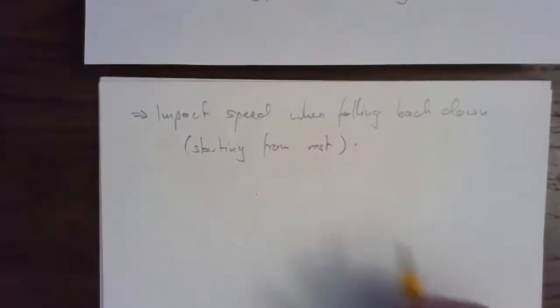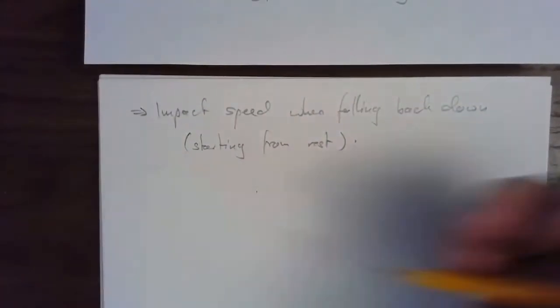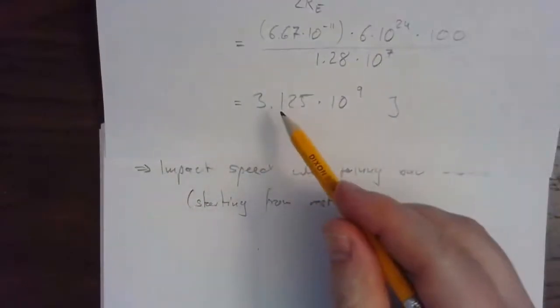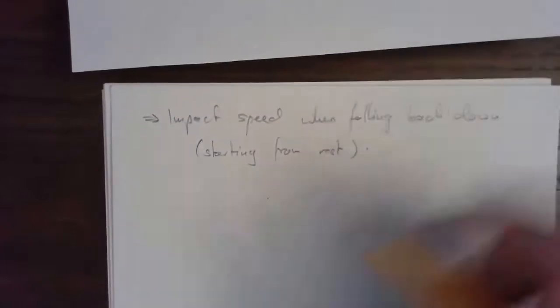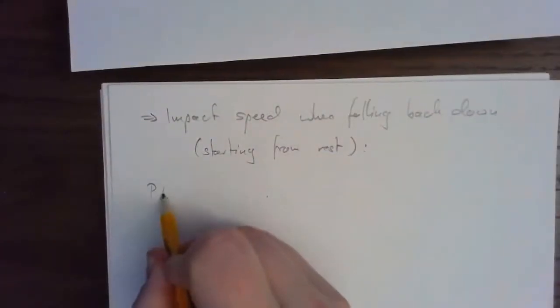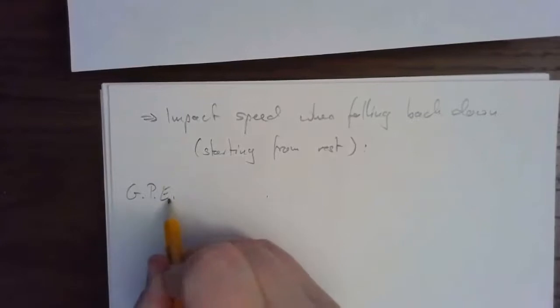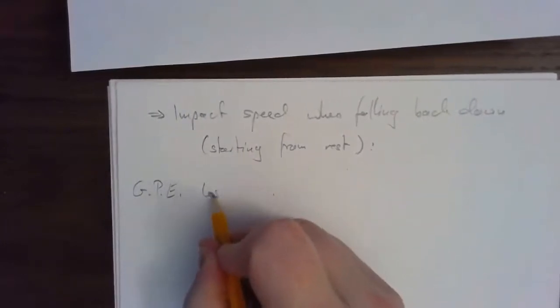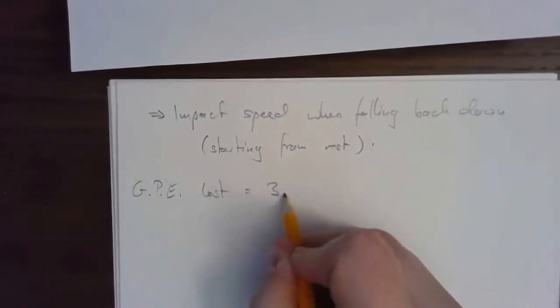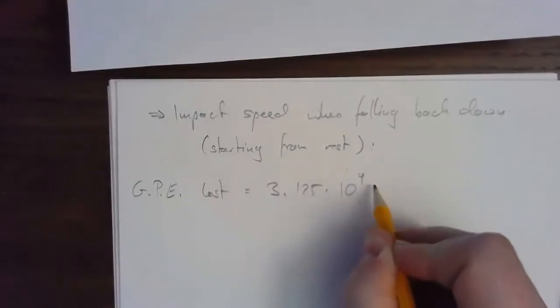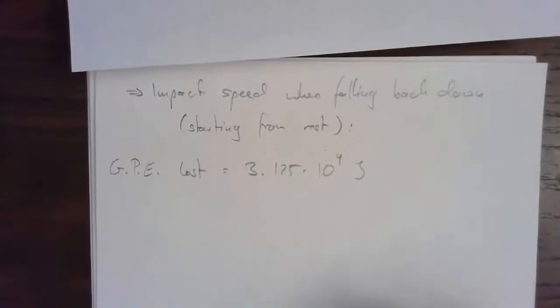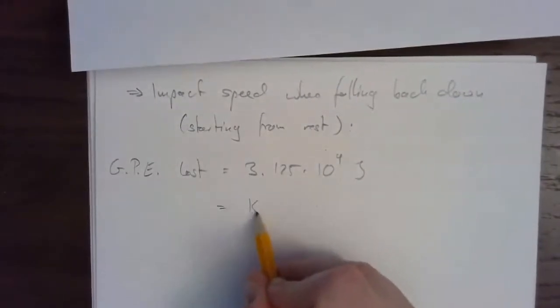Okay, let's work it out. We said well, if I gained that much going up, if I fall back down, I'm going to lose that much potential energy, right? So the gravitational potential energy, GPE, lost is equal to 3.125 times 10 to the 9 joules. And that better be equal to the kinetic energy gained.